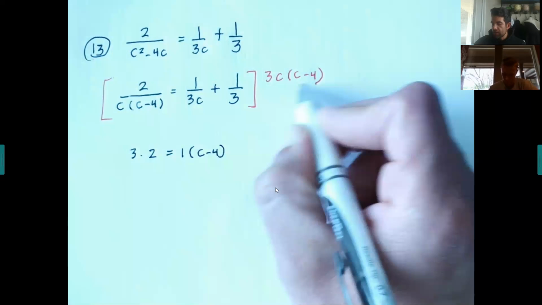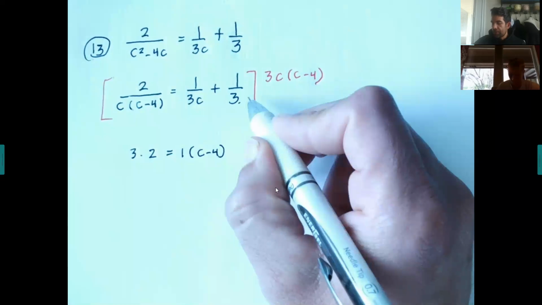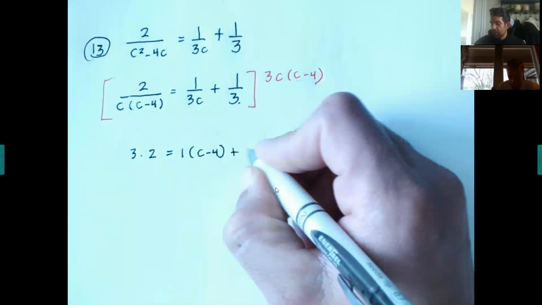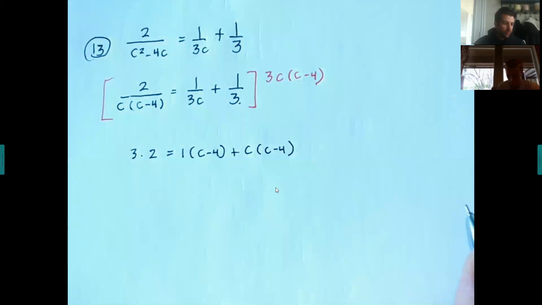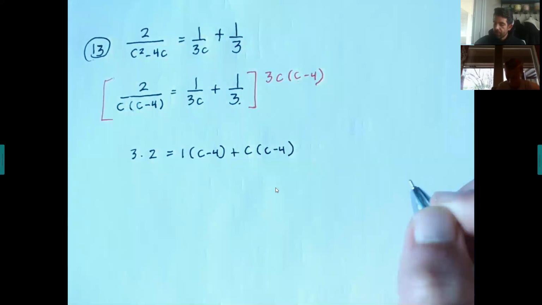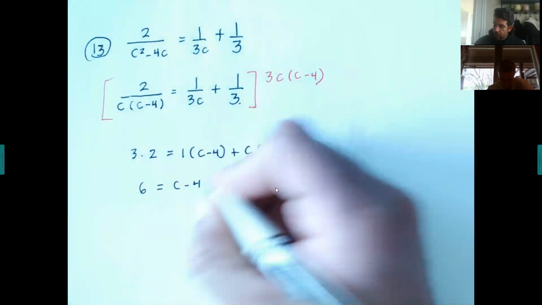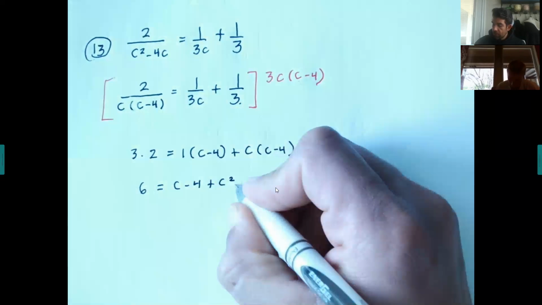And then finally, if I multiply this times this, the 3's would cancel and I would end up with c minus 4. Okay, so this is 6. This is c minus 4. This is c squared minus 4c.